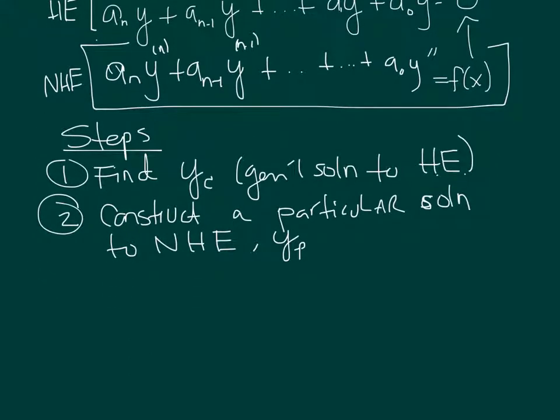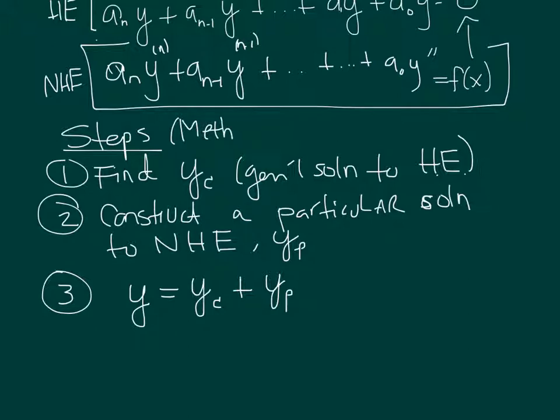And then finally, to obtain our general solution to the non-homogeneous equation, I'll call it y, as the book does, we take our y sub c and add it to our y sub p. So this is the big picture here, and let's label this the method of undetermined coefficients.